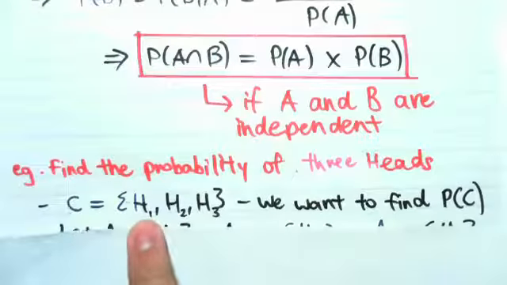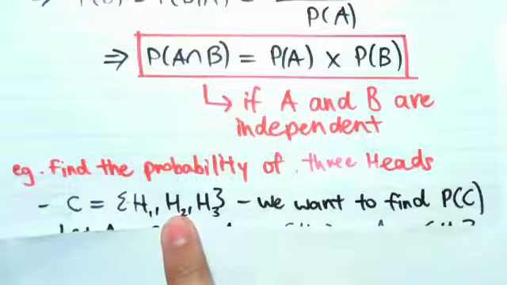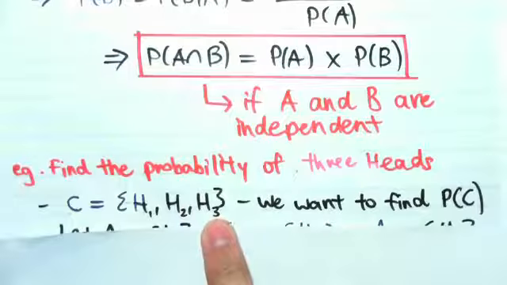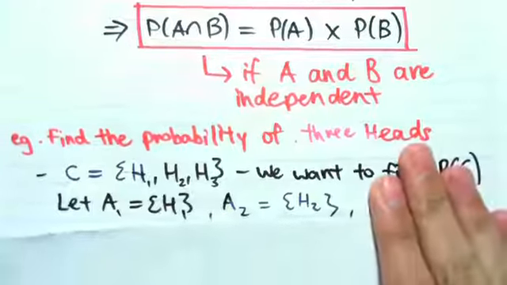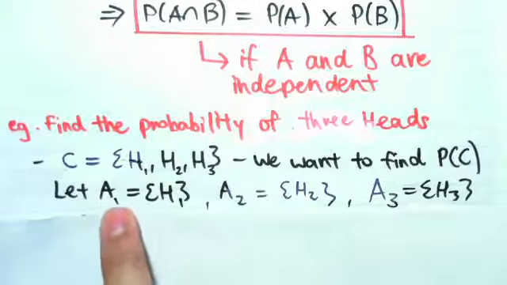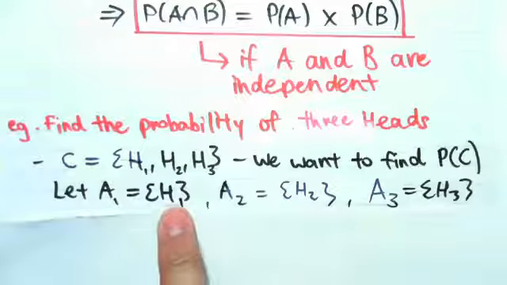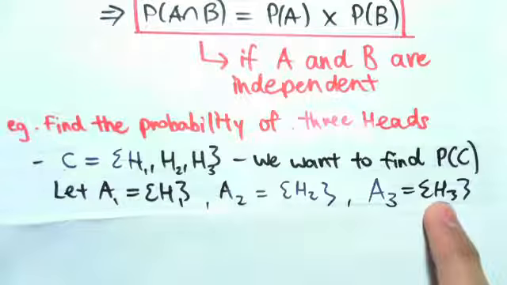H1 being heads in the first turn, H2 being heads in the second turn, and H3 being heads on our third flip. So our aim is to find P of C. So that means we have to separate our set into A1 being heads in the first turn, A2 being heads in the second turn, and A3 being heads in the third turn.